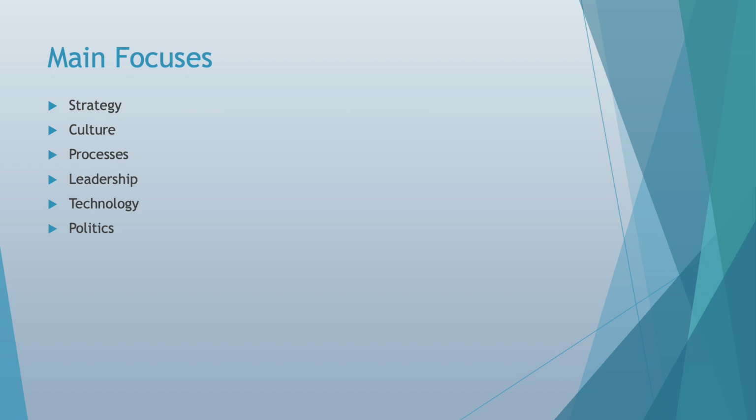When implementing a new knowledge management tool, there are 6 main focuses that we do want to look at. The first of which is going to be strategy. Strategy just defines how we are going to go about implementing this knowledge management tool within an organization. So it really focuses on what are the main goals and objectives of implementing this knowledge management tool.